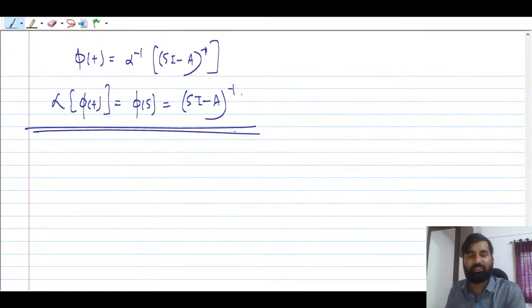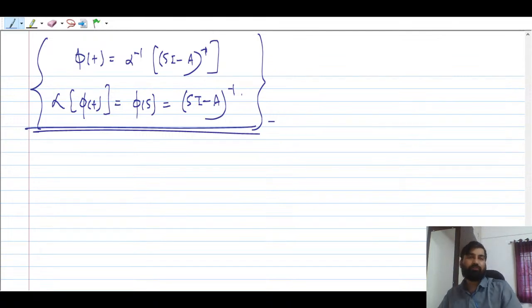So (sI minus A) inverse is phi s. Please remember these important properties. If you have (sI minus A) inverse, you can directly find phi t, the state transition matrix, by taking the inverse Laplace transform.